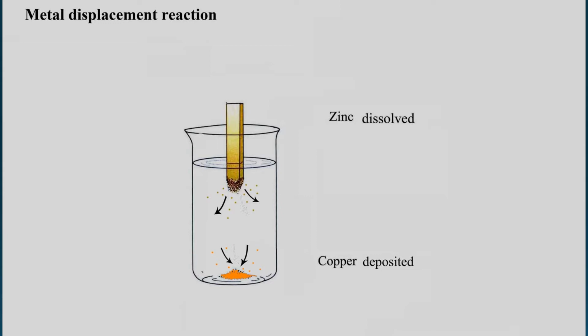You will find zinc slowly dissolving and copper ions depositing back into a solid. So you can see in these two metals, zinc is dissolving into the solution, and copper from the solution deposits into a solid.